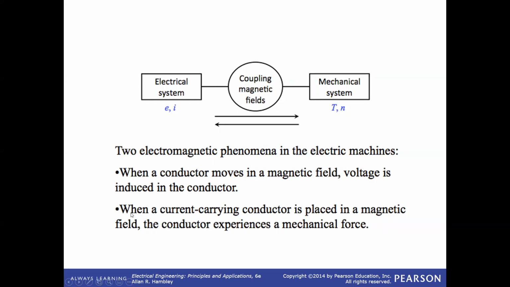And the other one is when a current carrying conductor is placed inside a magnetic field, the conductor experiences a mechanical force. These two electromagnetic phenomena are what make the rotation of the electrical machine possible.